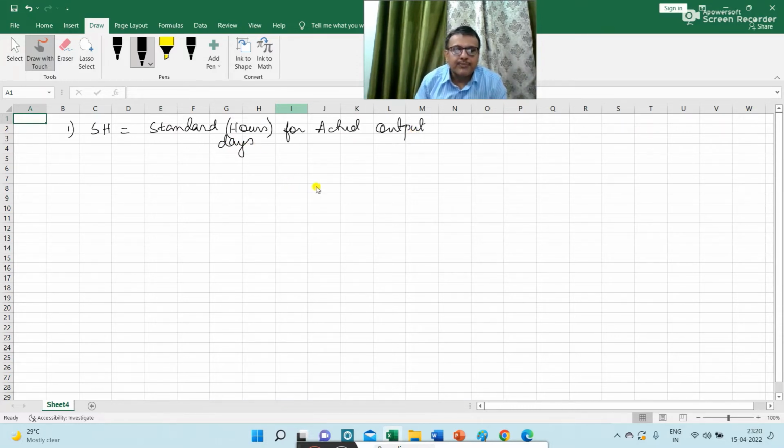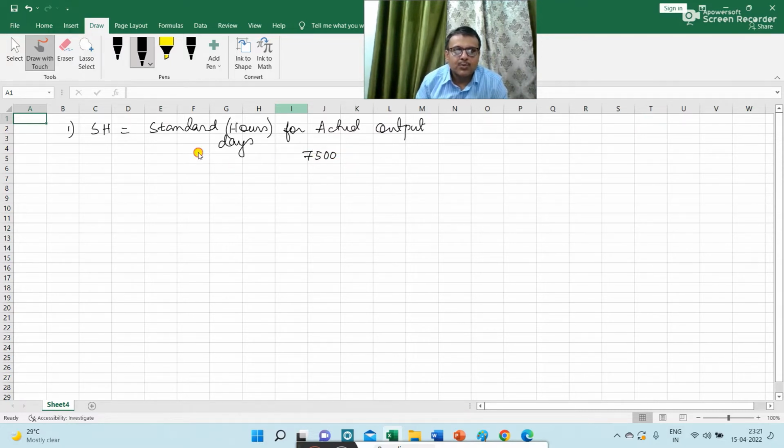Now it is given that 500 is the standard units per day for production. Means in one day the laborers were supposed to produce 500 units. 7,500 units were actually produced. So how many standard days are required? 7,500 is the actual output.